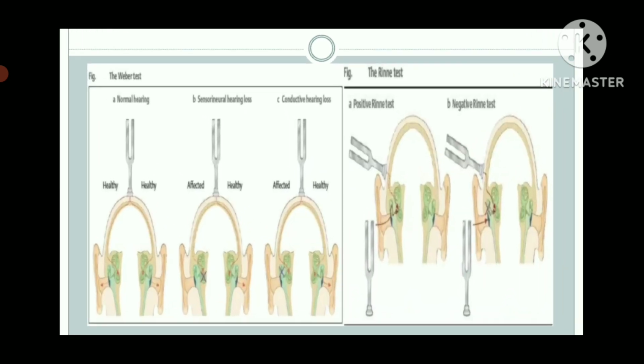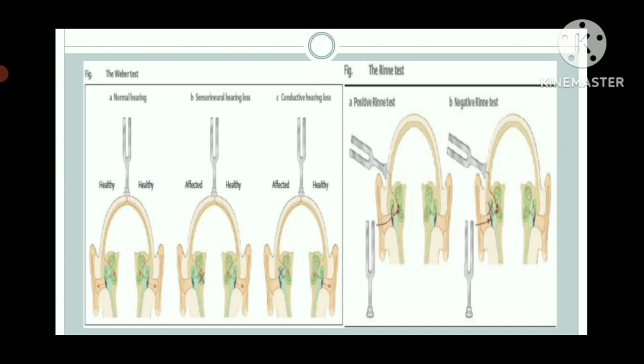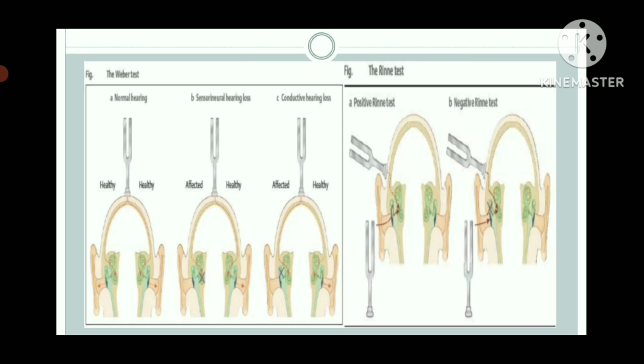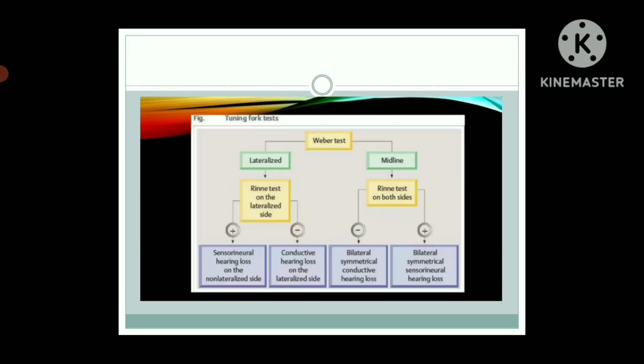Here you can see how we place a tuning fork on the skull in the Weber test, and in the Rinne test, we check the bone conduction and the air conduction. In the Weber test, the result is lateralized or midline.